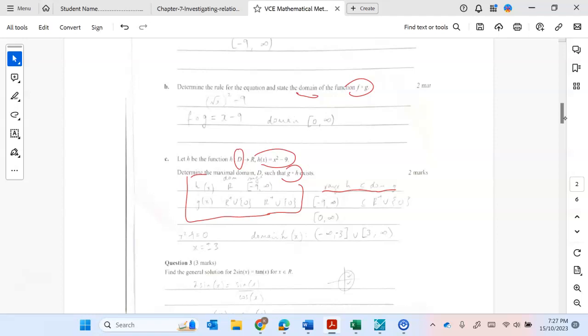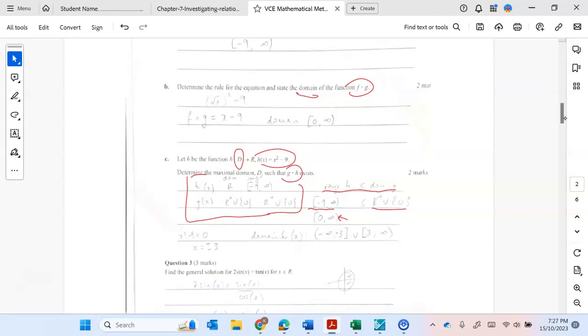So once it's been restricted, okay, so the range of h is here, -9 to infinity, and our domain is 0 to infinity. I've just written it that way, and then I've written it this way, so they actually mean the same thing.